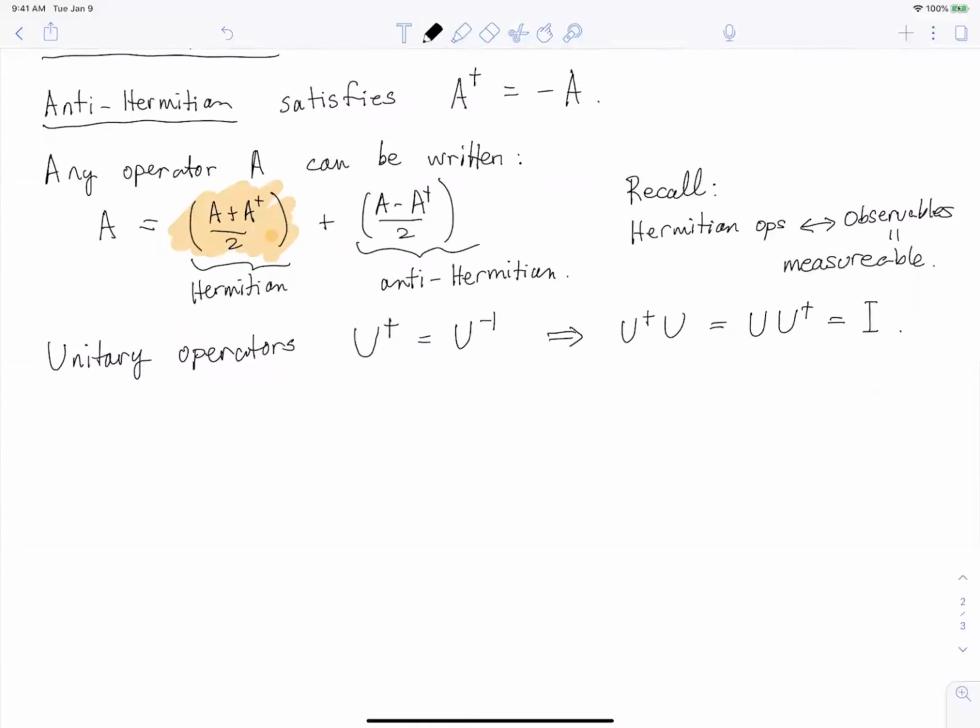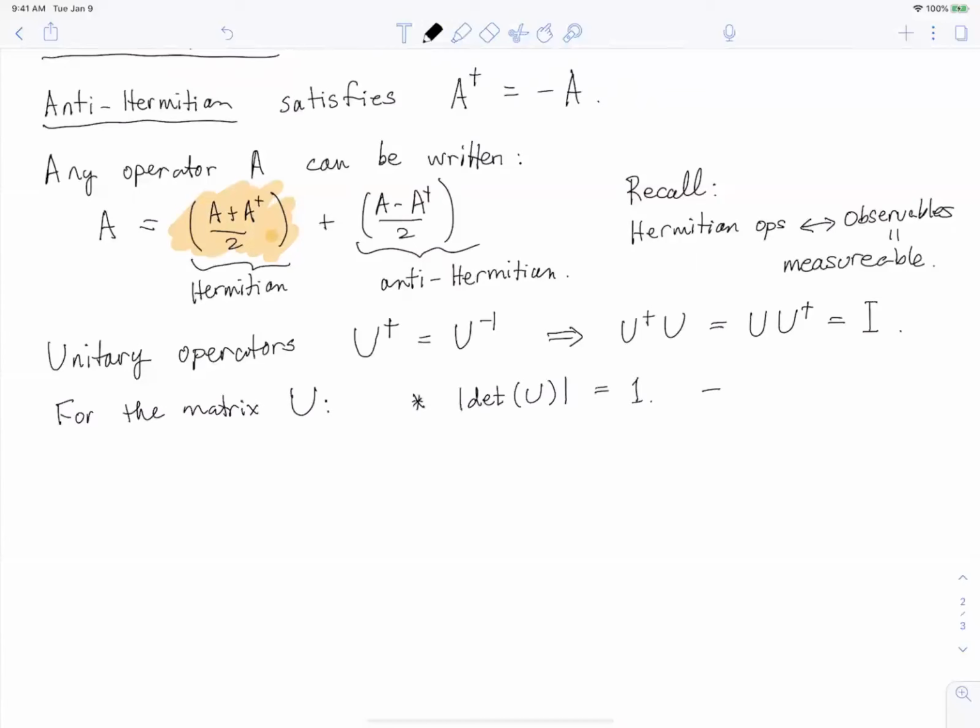Some useful things that I'm going to state about this without proving them: let's say I form the matrix representation. Then the following things are true. One is that the determinant of the matrix U that corresponds to a unitary operator has magnitude 1.